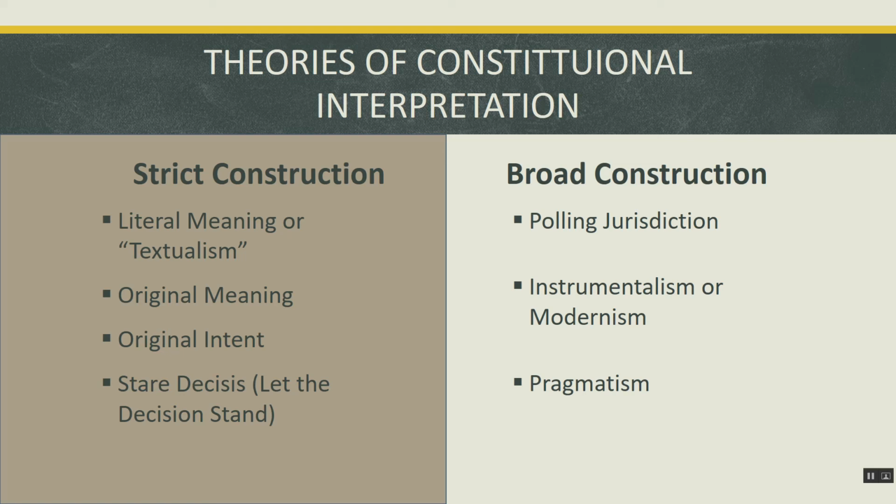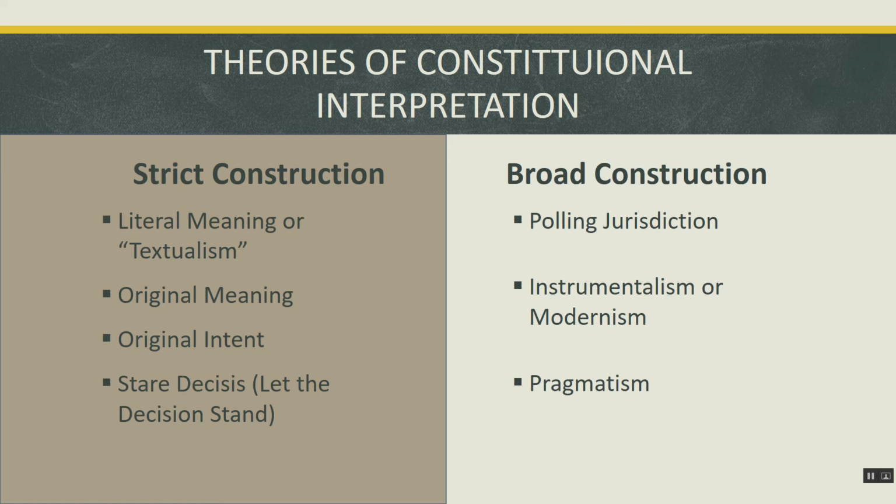Therefore, in light of these changing realities and technology, the court needs to reinterpret the Constitution, allowing for more gun control than would have been tolerated by the framers who wrote the Constitution, because if they don't reinterpret it periodically in light of changing realities, it will not be relevant anymore, and it won't work, and it won't be successful. So instrumentalists or modernists, they reinterpret the Constitution in light of changing realities.